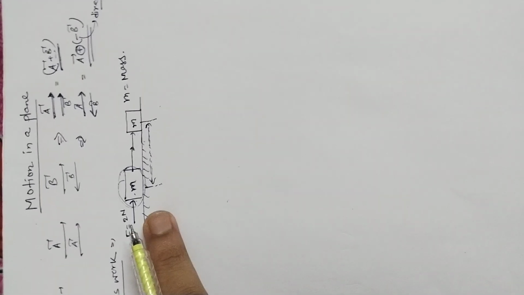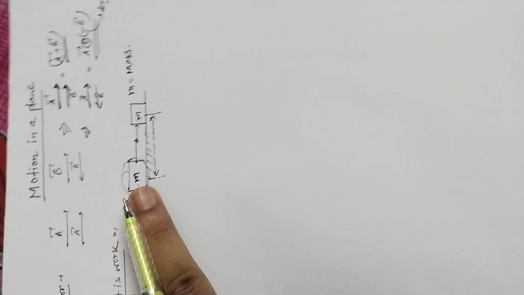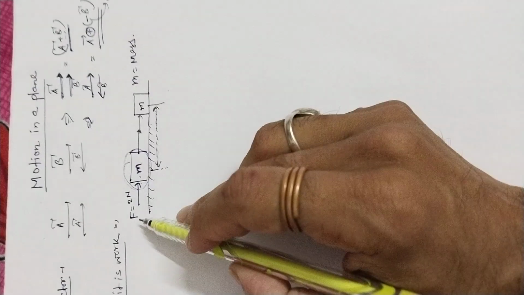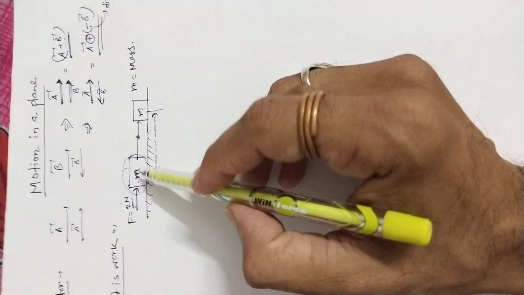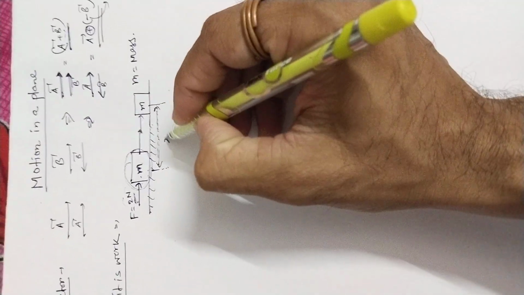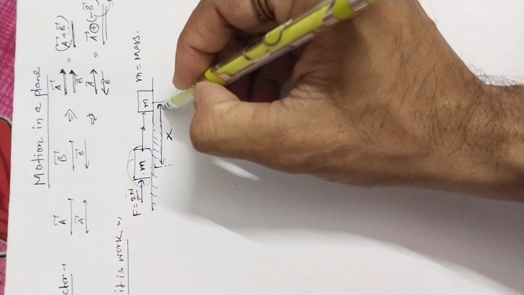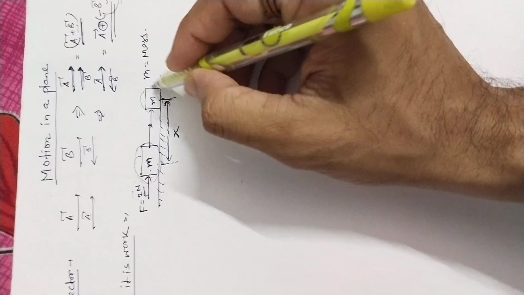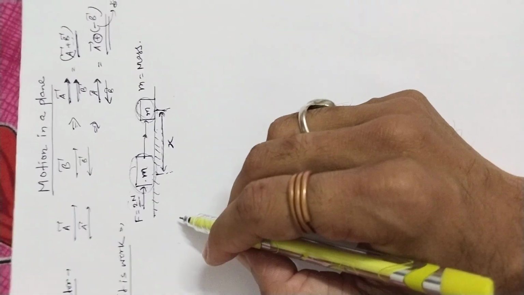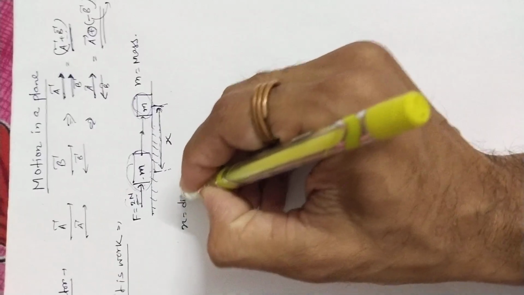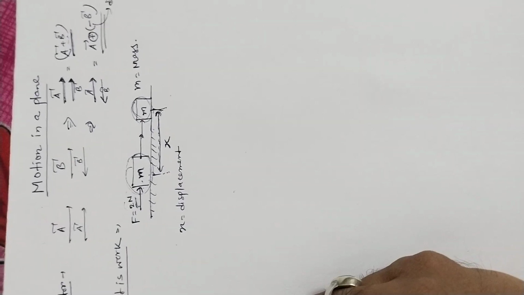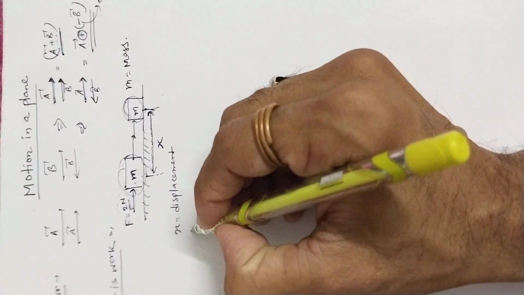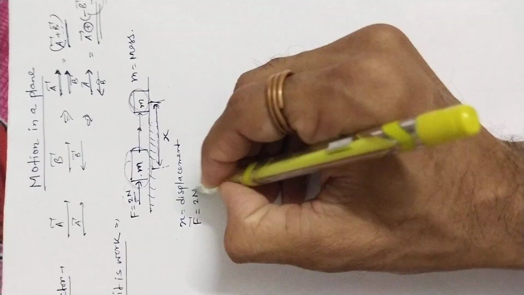We can apply the force on this side of the block, suppose 2 Newton, 4 Newton, 10 Newton, as you wish. I apply 2 Newton, and the block covers a distance and changes position, and the block comes to this side. So x equals the displacement here, and force F equals 2 Newton here.